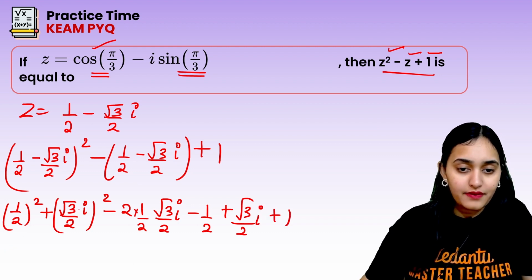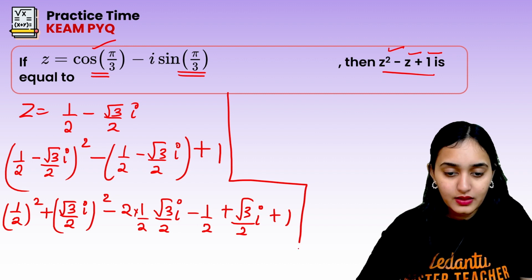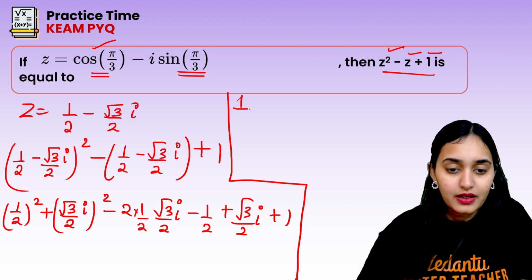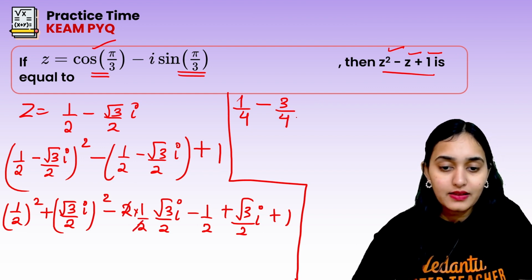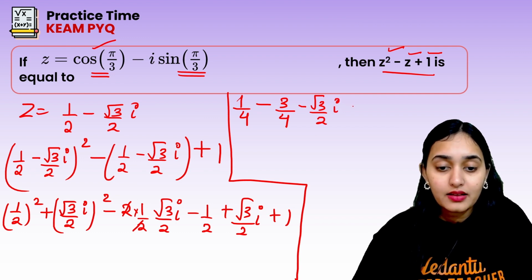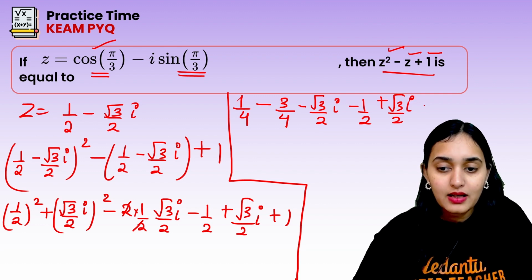So finally you have here, we get 1 by 4 minus 3 by 4, minus root 3 by 2 i, then minus 1 by 2 plus root 3 by 2 i plus 1.